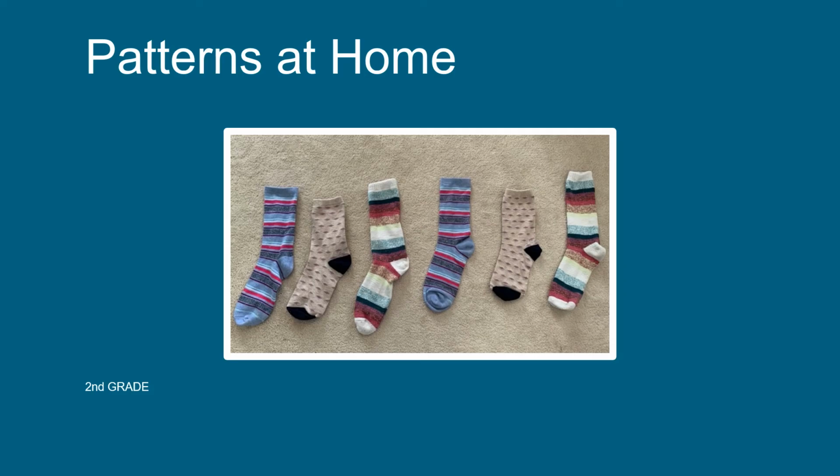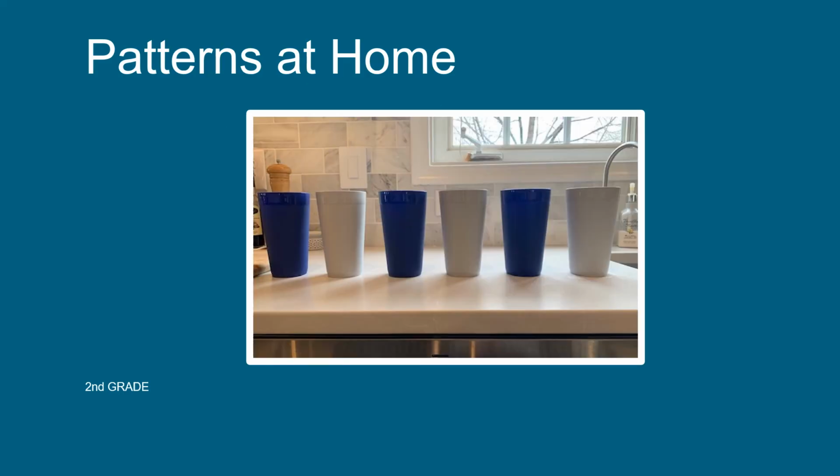Here are some examples of patterns I found in my home. Can you help me find the core? You are right. The core is the first 3 socks. They repeat. How about this pattern? What is the core? The core is the first 2 cups.